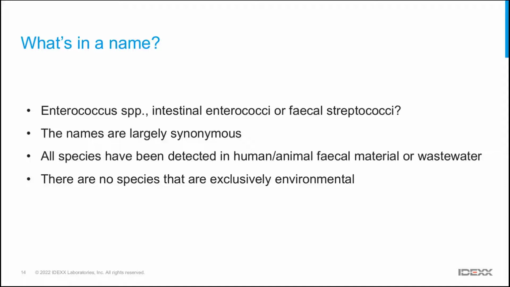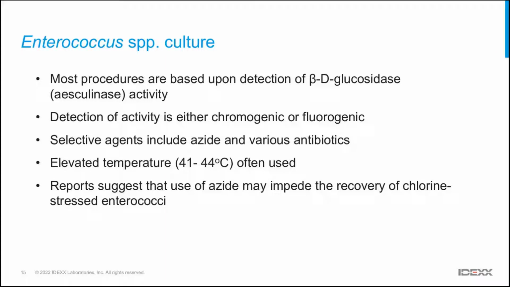And all of the species that have been described by the beginning of this year had been detected either in human or animal fecal material or in wastewater. Consequently, we conclude that there are no species that are entirely, exclusively environmental in origin.